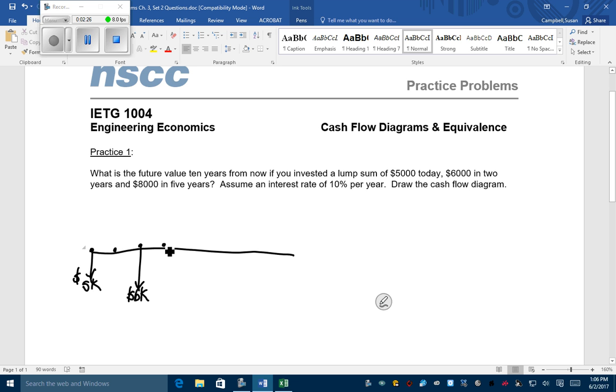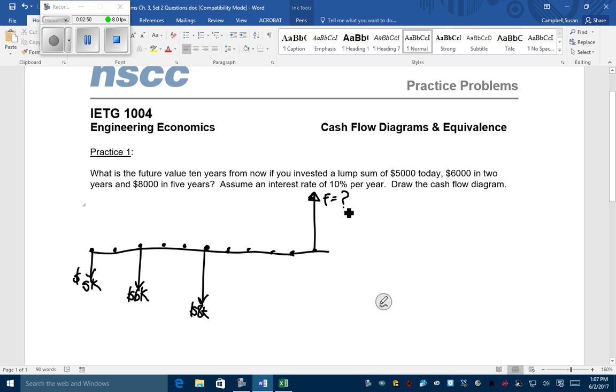Year 1, 2, 3, 4. Year 5, I have 8,000. And then year 6, 7, 8, 9, and 10. And in 10 years, I want to find out what my big payout is.